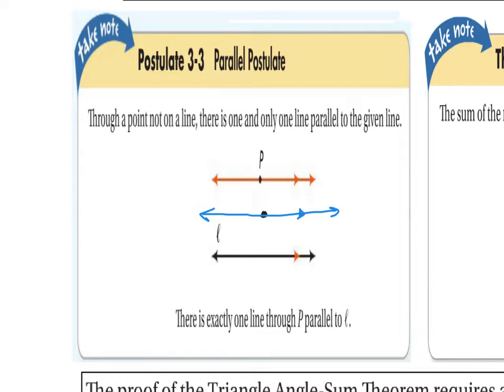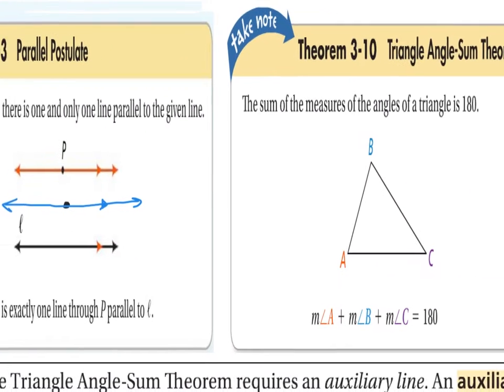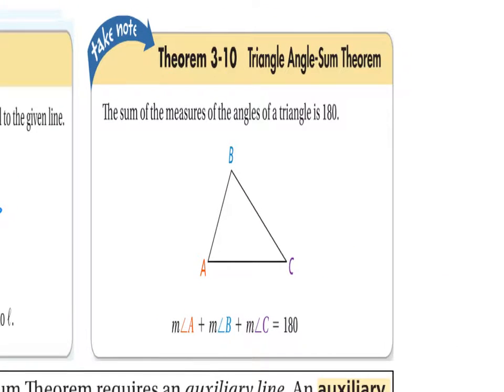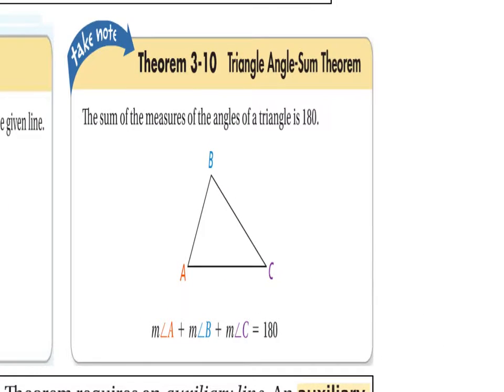With that being said, let's take a look at the next theorem, the Triangle Angle Sum Theorem. It states that the sum of the measures of the angles of a triangle is 180 degrees. In the video that's next on this page, I'll show you exactly how they come up with the fact that the three angles of a triangle add up to 180 degrees.